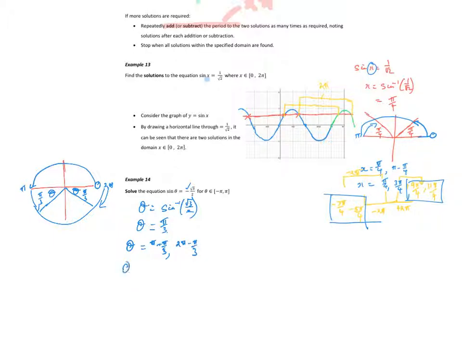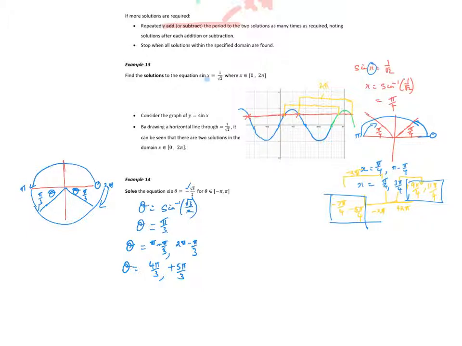So theta is equal to 4 pi on 3, and 5 pi on 3. So they're the first two positive solutions.